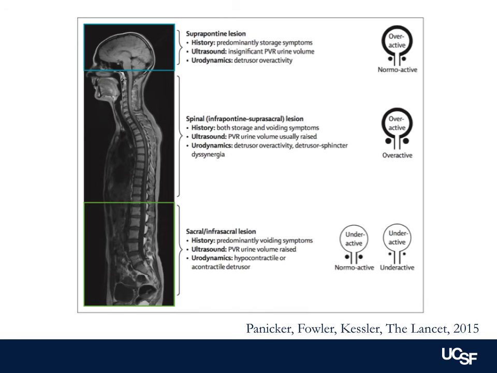For example, the underactive outlet would be a wide open bladder neck. Sometimes you see that in individuals who have a sacral lesion with spina bifida, and that would obviously result in leakage with stress maneuvers. Okay?